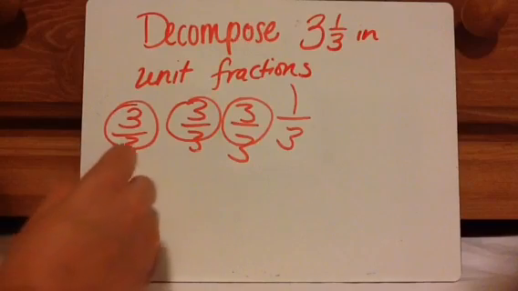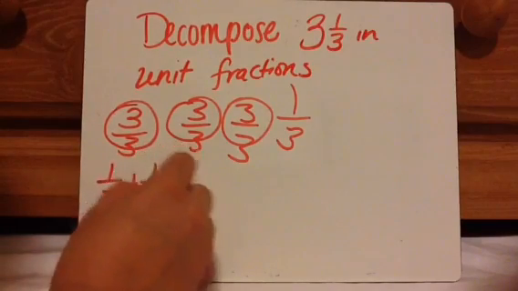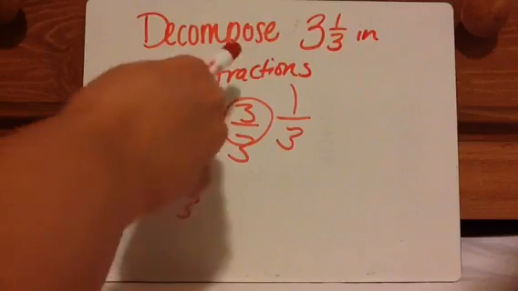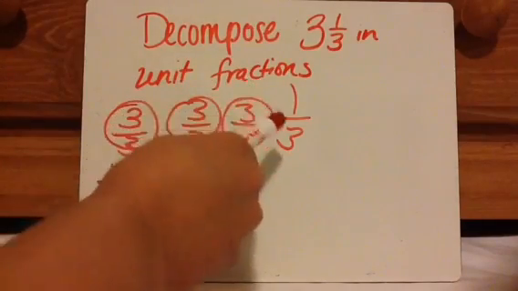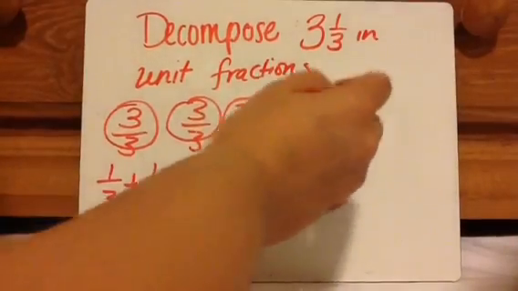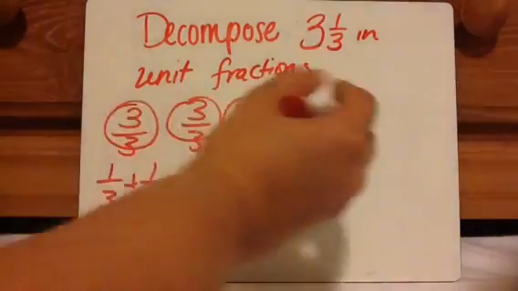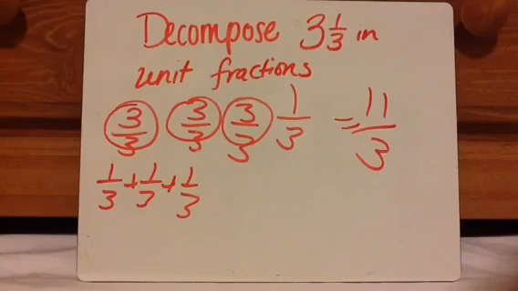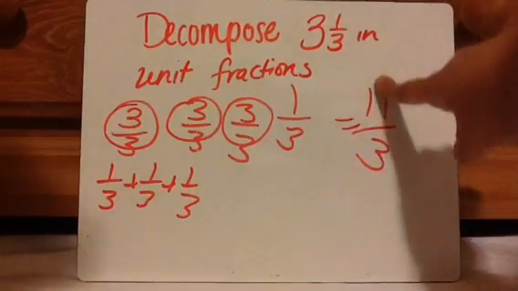Now you also need to remember that we want unit fractions. So it's 1/3 plus 1/3 plus 1/3, and so on, ten times, equals 3 1/3, or 10 thirds.